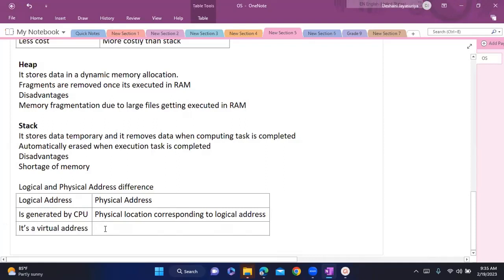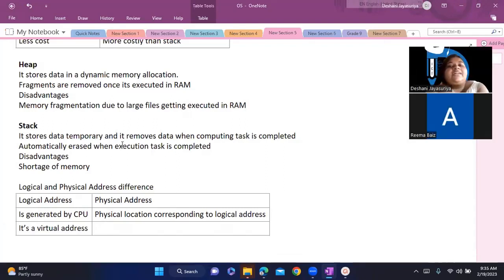Otherwise, I could write all these things and make a 100 pages note, right? There's no use of it, but you need to know manually how it is being done. So this is for you to study, right?